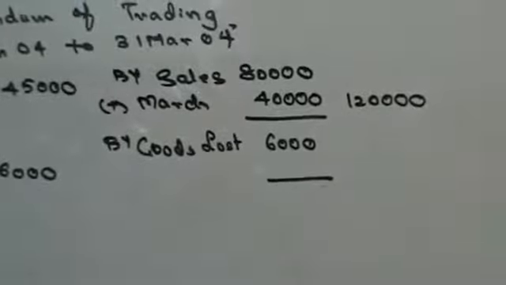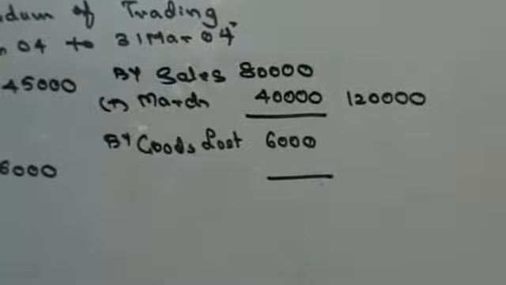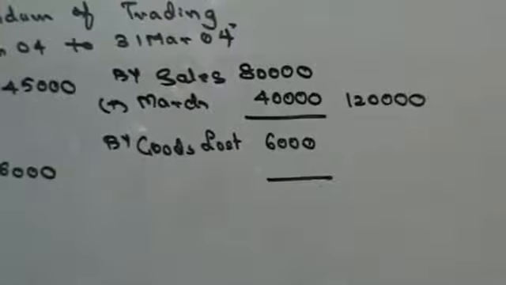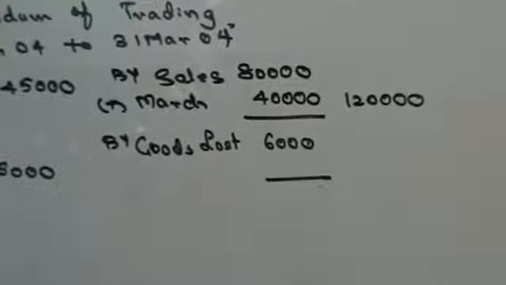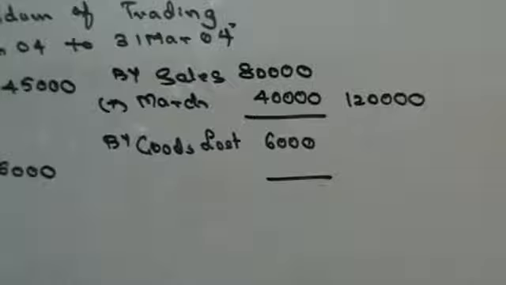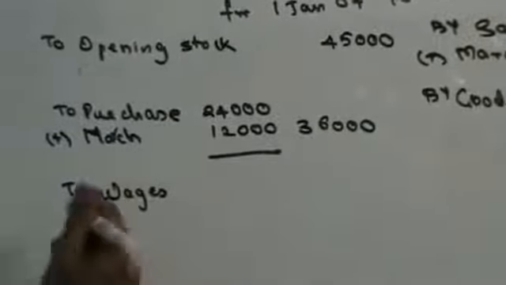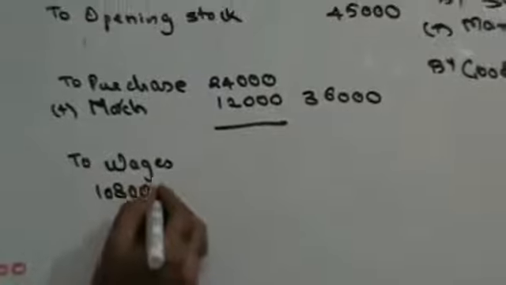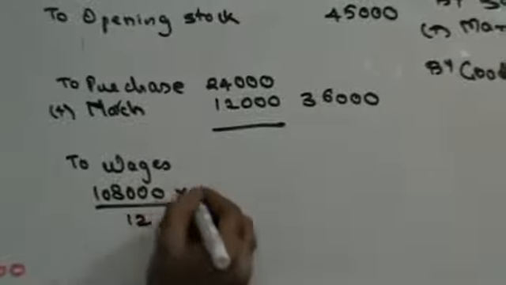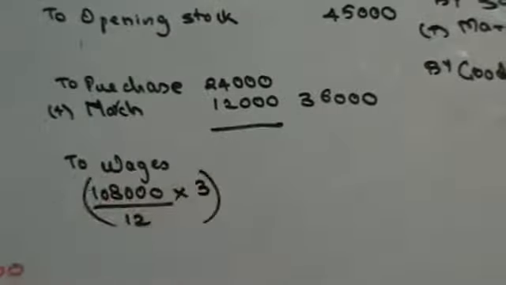Same rate on sales as in the previous year, right? Now, to wages. Wages for the entire last year was 1,08,000, which was for 12 months. In the current year, it's only for 3 months.